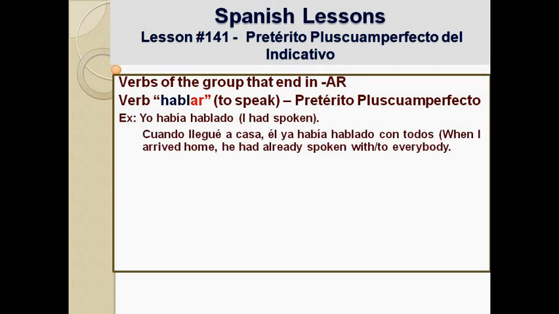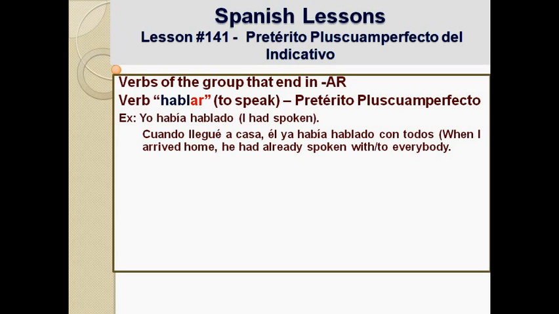Another example, a bit more complex, is cuando llegué a casa, él ya había hablado con todos. This means when I arrived home, he had already spoken with everybody, okay?